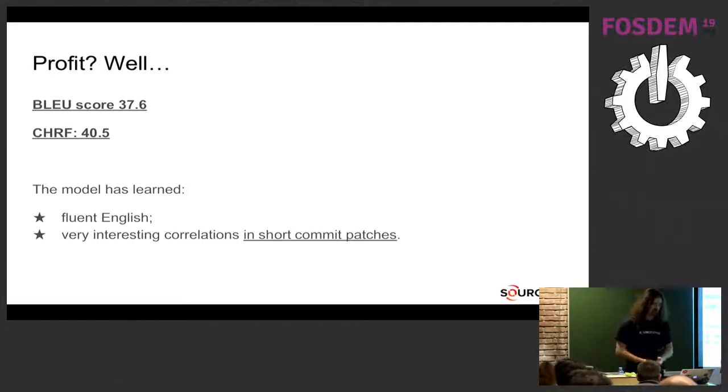I don't remember what it is, but the fact is that we actually compare the output of machine translation and a human translation, and we count the n-grams, the words in common between the original and this one. It's scaled between 0 and 100. It's actually impossible to get 100 even for a human, because it means that you should have written exactly the same thing. So this metric is not very good, but it's a standard.